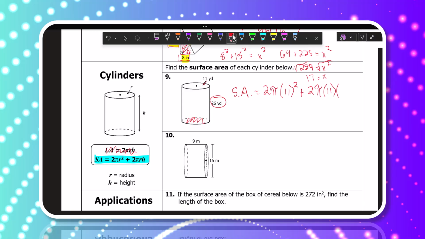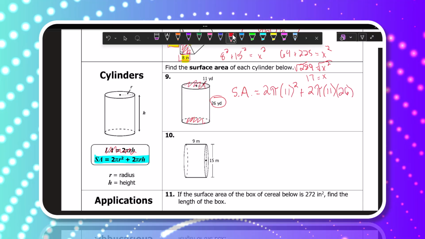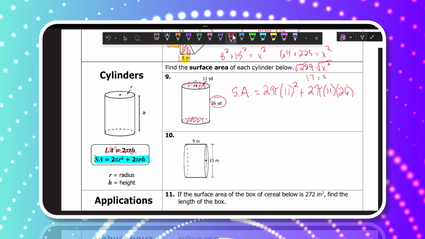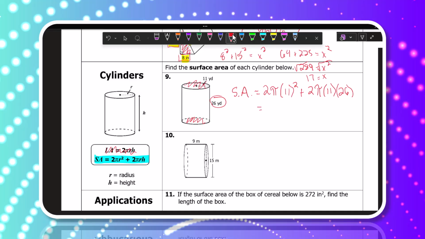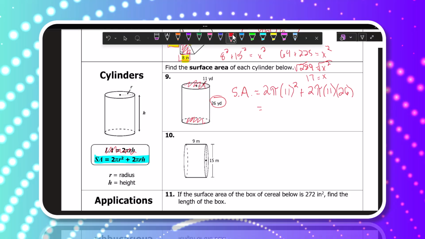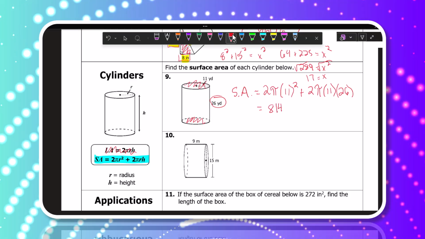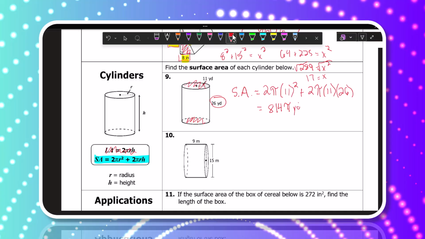It connects the two bases of circles. So if we multiply the 2, 11 squared, keep the pi, 2 times 11 times 26, keep the pi, and add those together, we get 814 pi yards squared.